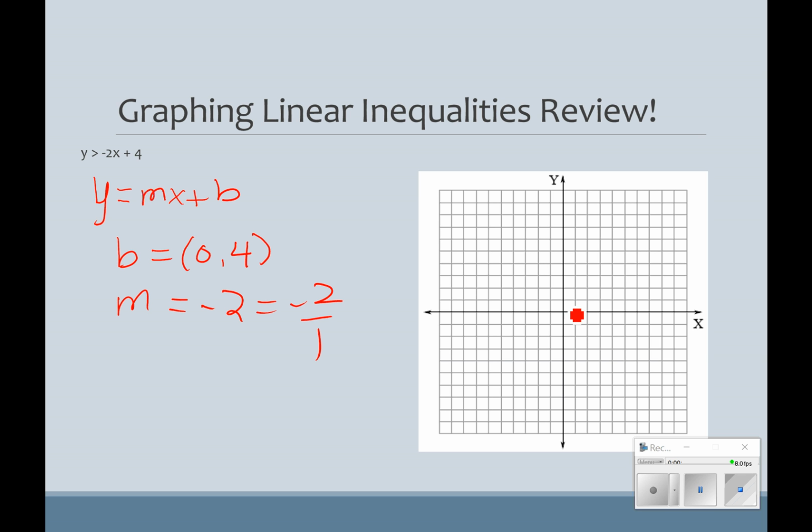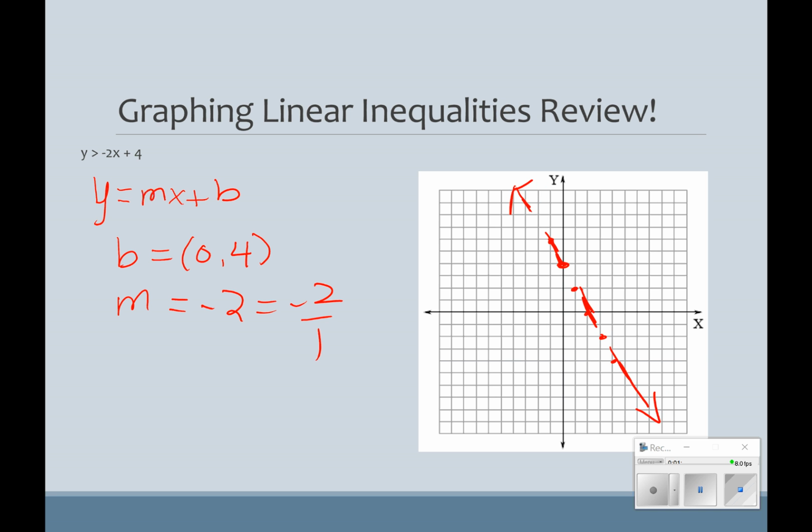So I'm going to go up to 4 and graph my point, and then go down 2 and to the right 1 and continue that on, down 2 over 1, down 2 over 1, up 2 and over 1. Okay, and because this is just greater than, we're going to have a dotted line, so nothing on the line is part of the solution.